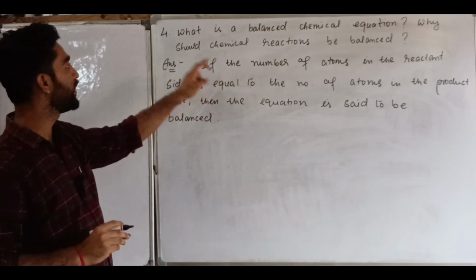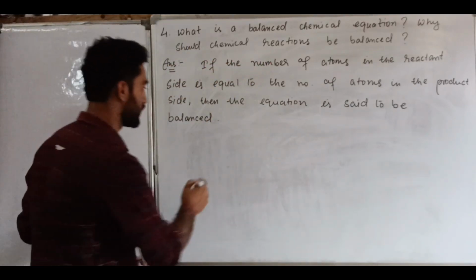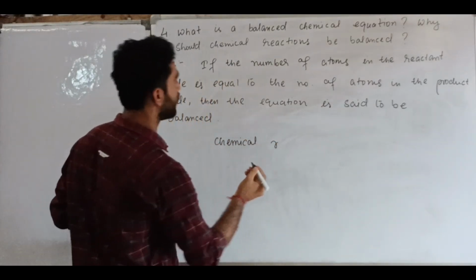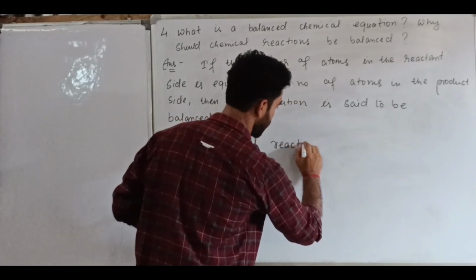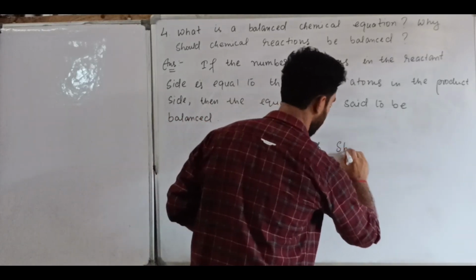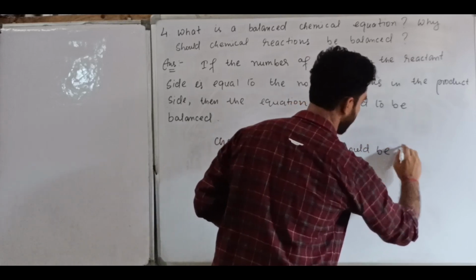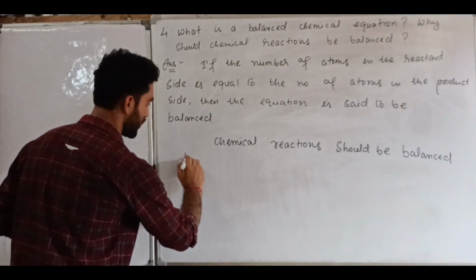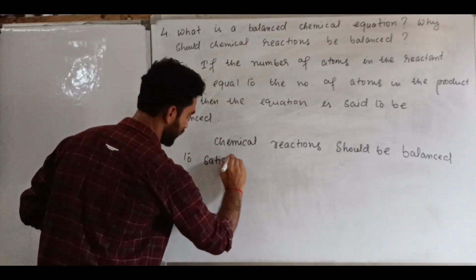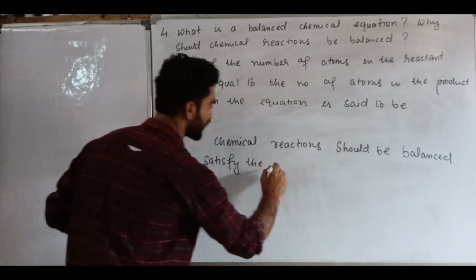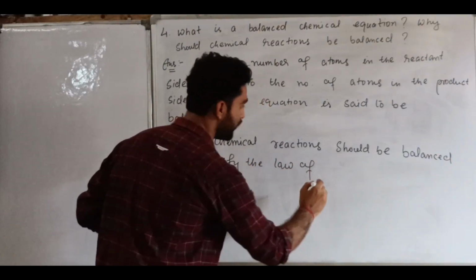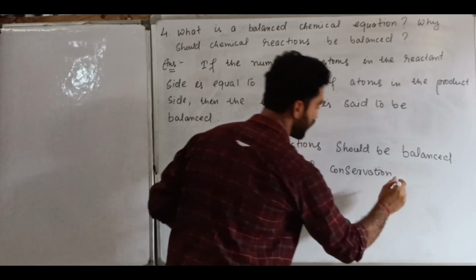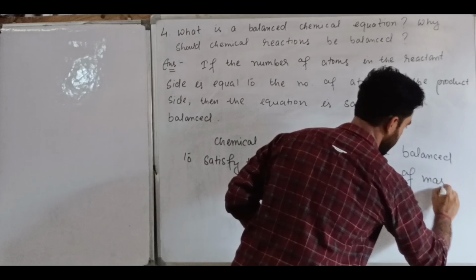Now the next part is, why should chemical reactions be balanced? So chemical reactions should be balanced to satisfy the law of conservation of mass.